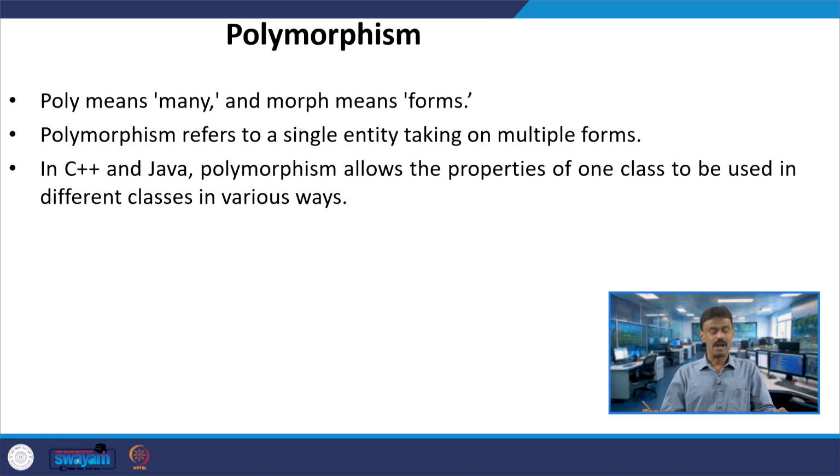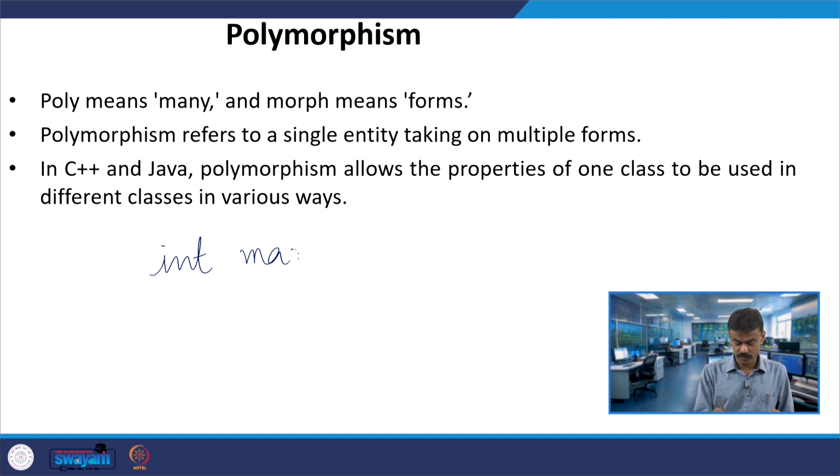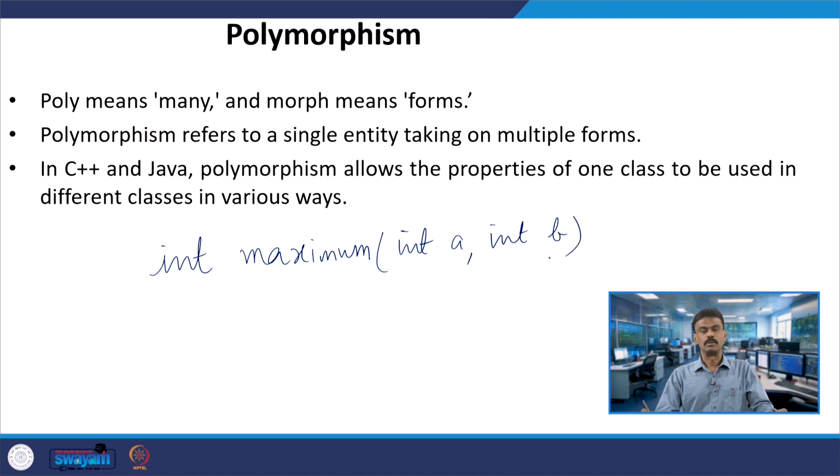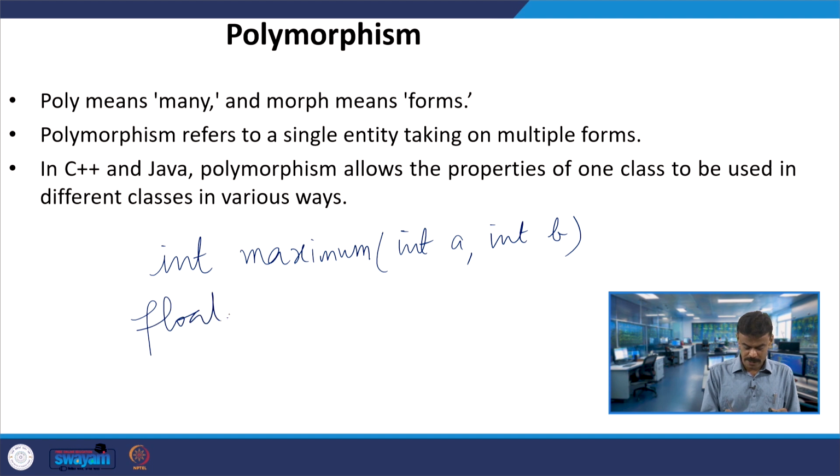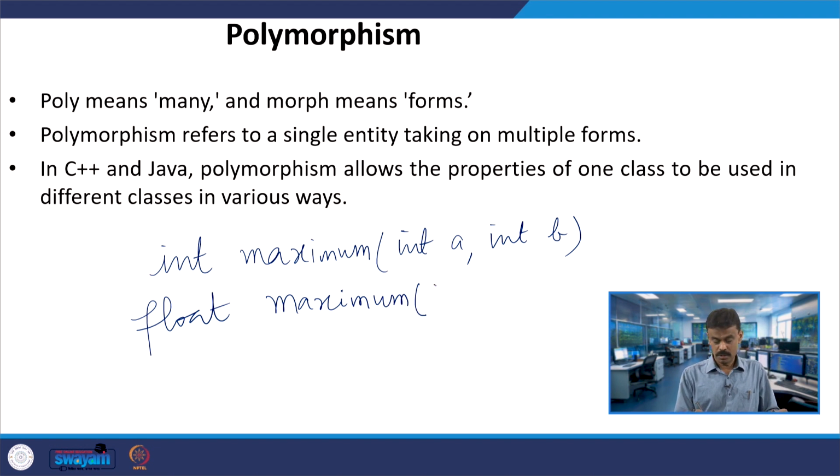For example, let us say I have a function int max of int a comma int b. Assume that I am using this function. Similarly, let us assume I have the same name, but here the parameters or arguments are float a and float b.